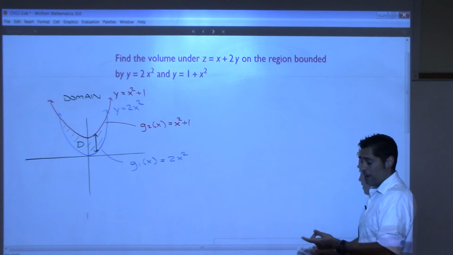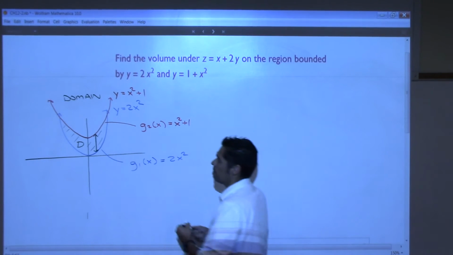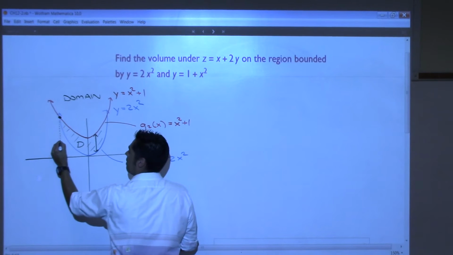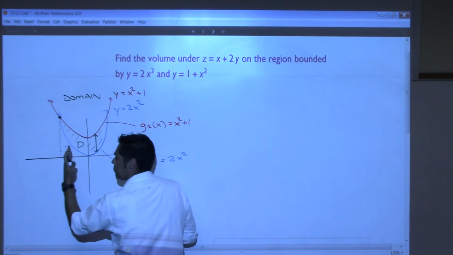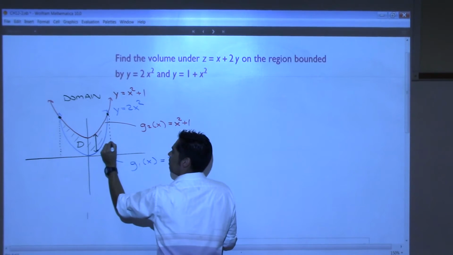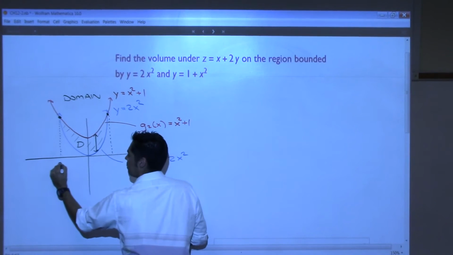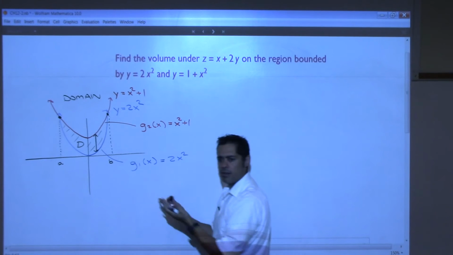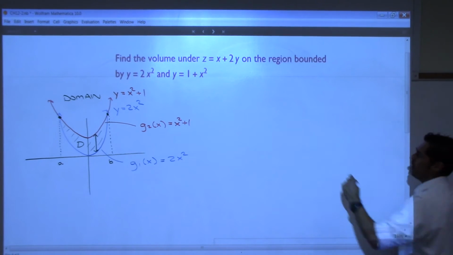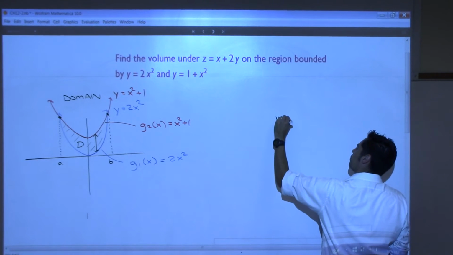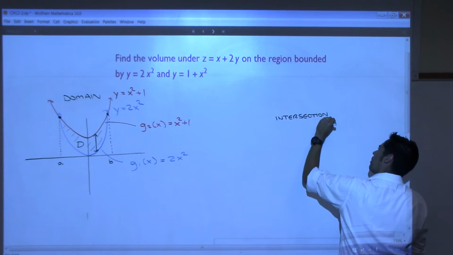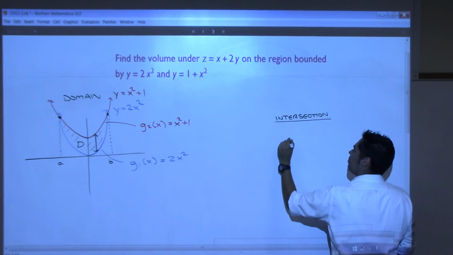Where they hit each other, because that is what's going to help me determine where I need to cut my x's off. x is going to have to be between here and here. That's the question. What's this a? What's this b? So you have to find the intersection points. To find the intersection, you set the two functions equal to each other.